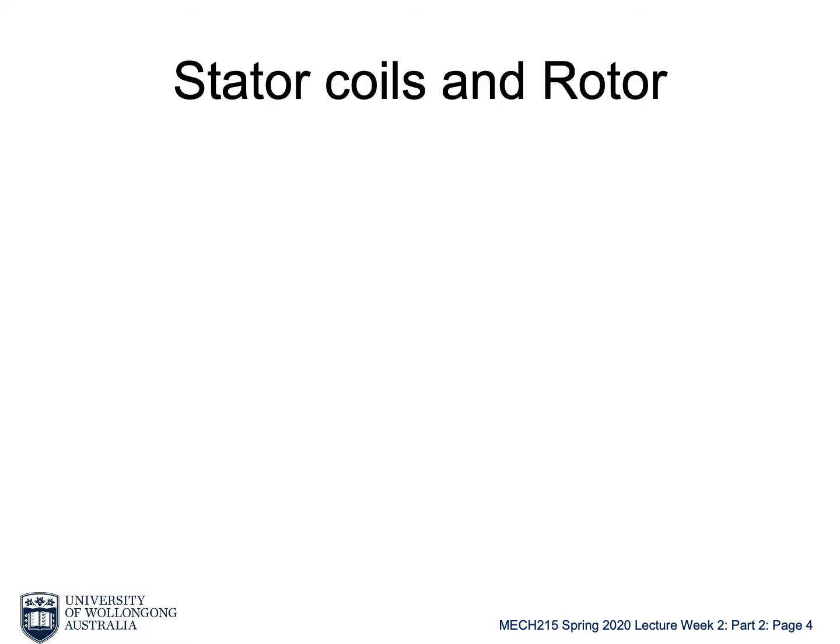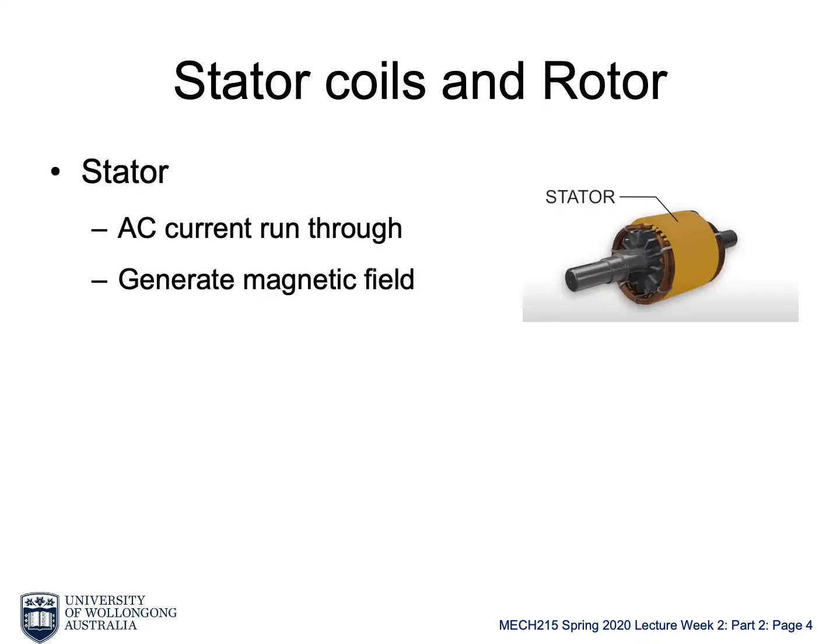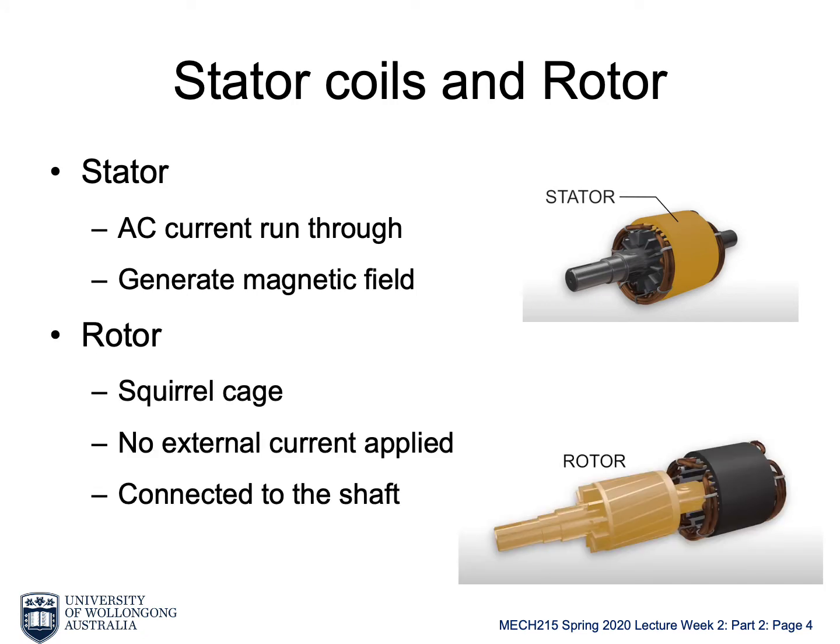There are two most important components in an AC induction motor: the stator and the rotor. The stator will have an AC current going through, so it's a kind of coil, and generates a magnetic field. Because it's AC current, the magnetic field will change with the AC current. Inside this stator will be a rotor.